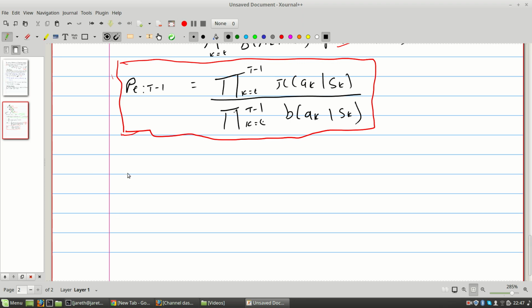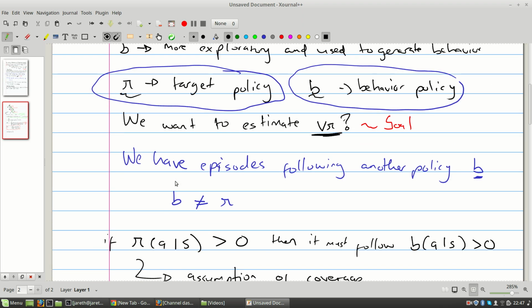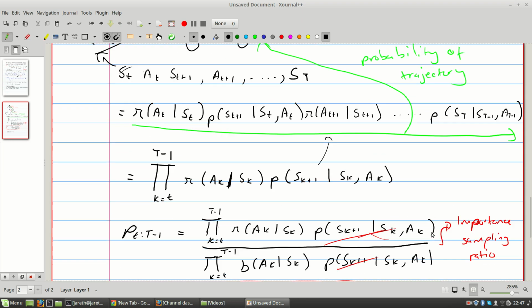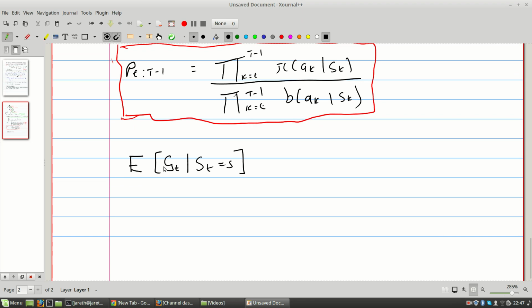If we look at the expectation of Gt given St equals s, the episodes follow policy b, so the return is computed from episodes generated under the behavioral policy.